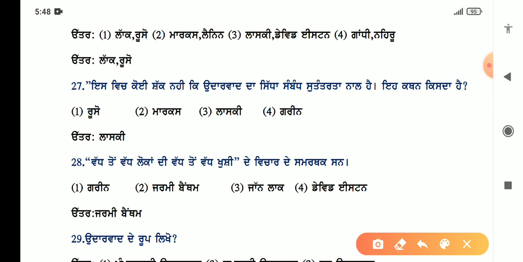There is no doubt that liberalism is directly related to freedom, liberty. Who said this? Laski said this. Maximum happiness of maximum people. Who said this? Jeremy Bentham.